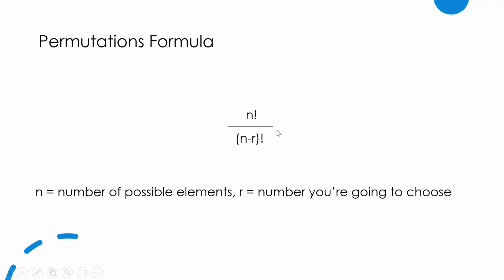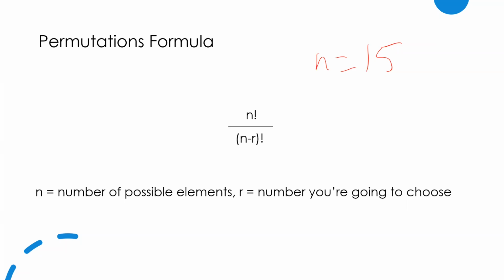Now let's move on. Here is the permutations formula. n is the number of things you can have. In the cows problem, it would be 15, since there are 15 cows and 15 possibilities to choose from. That is the number of possible elements.